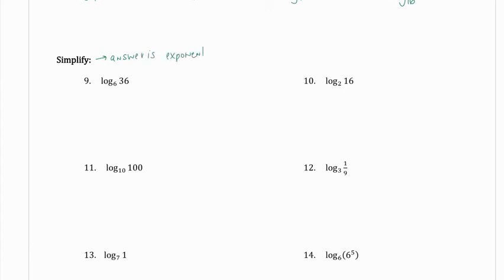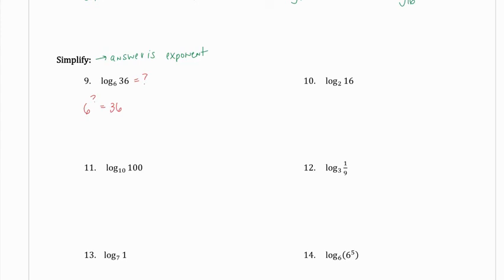Okay, so one way to kind of think through these, we did some of these before, is if it helps, you can write equals X on here, or equals question mark. I tend to like to use a question mark because we're not really solving an equation there, we just want the answer. So if I change this to exponential form, that would mean 6 to what power equals 36.